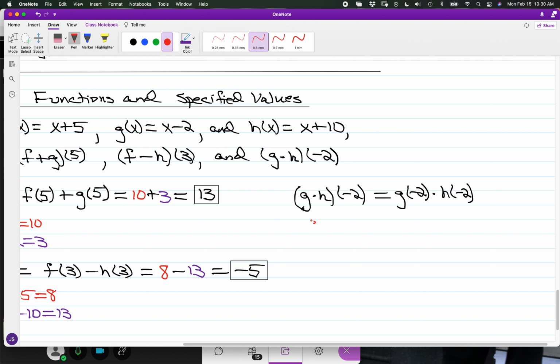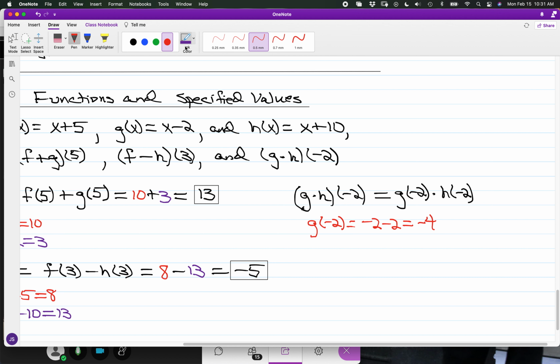So we have a g of negative 2. Your g function is x minus 2. So g of negative 2 is negative 2 minus 2, which becomes negative 4.